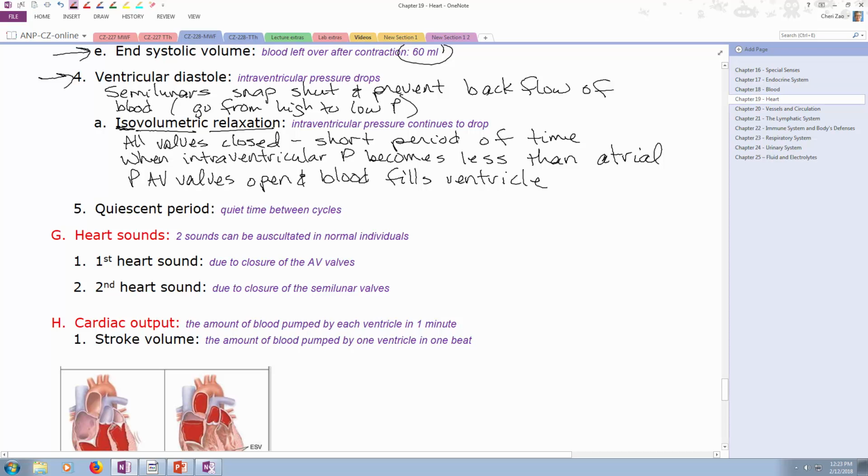This is still the very early part of our diastole, but we do have to go through a phase of isovolumetric relaxation before we actually start to fill the ventricles.